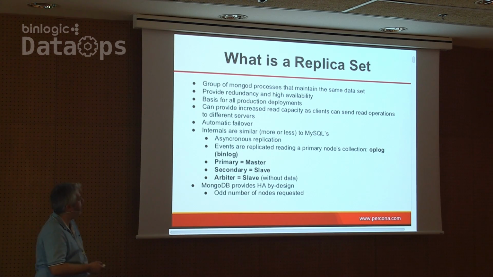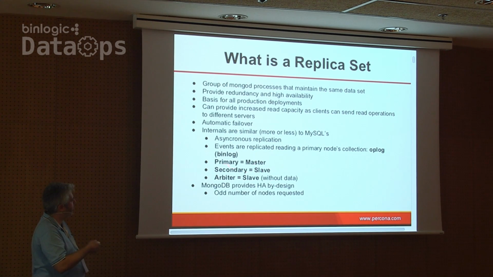So basically we have automatic failover, for example, and we have some internals that are similar to MySQL. For example, a replica set is based on asynchronous replication, as MySQL replication is. And the replication in MongoDB is based on the oplog, which has more or less the same features as the binlog in MySQL.